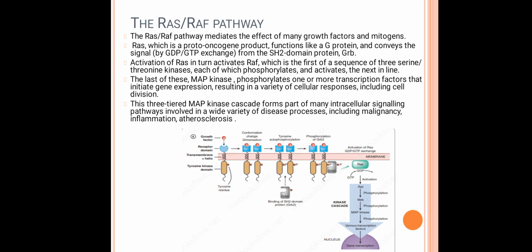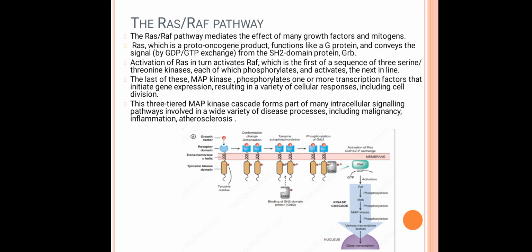Up to the activation and phosphorylation of the SH2 domain protein, it is common for all enzyme linked pathways. But what happens after the SH2 will depend on the particular signaling pathway. So since it is the RAS-RAF pathway, after the SH2 domain protein is phosphorylated and activated, RAS, that is the rat sarcoma protein, will be activated.